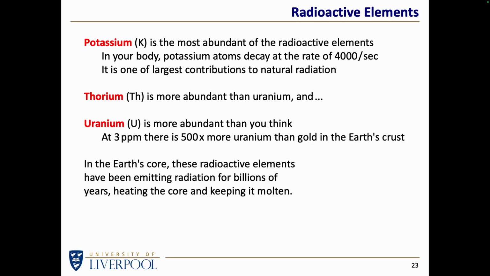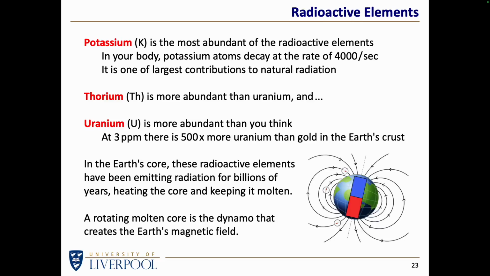These radioactive elements are not just in the Earth's crust, they're in all of the Earth. They have been emitting radiation for billions of years, and they have been keeping the Earth's core hot. They've been keeping the Earth's core molten. The Earth's core being molten is nothing to do with radiation from the sun.